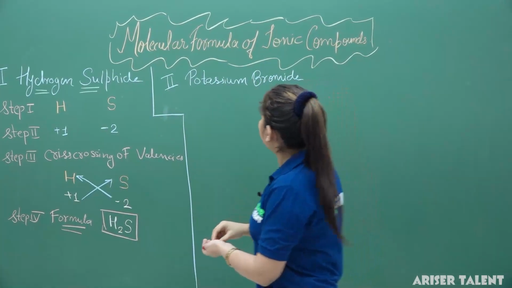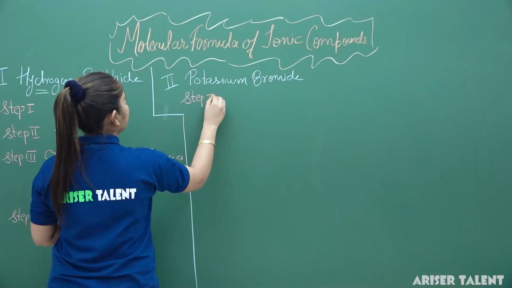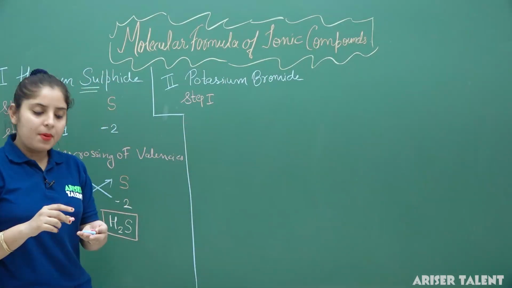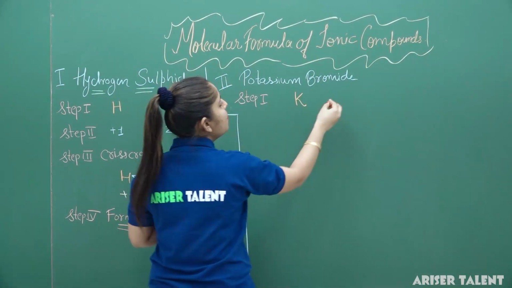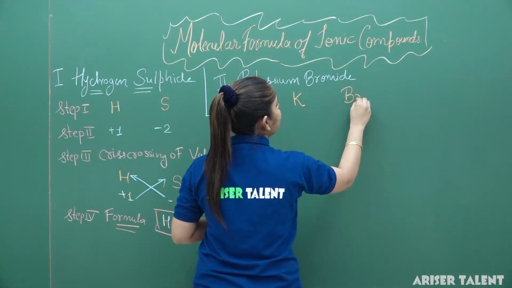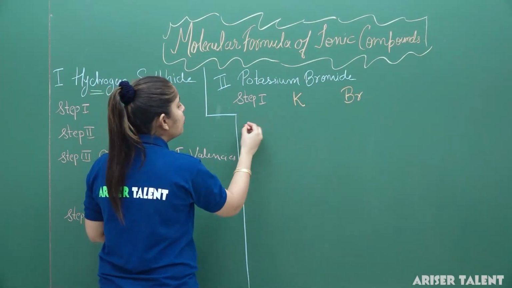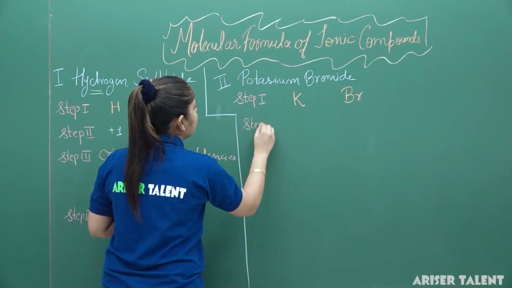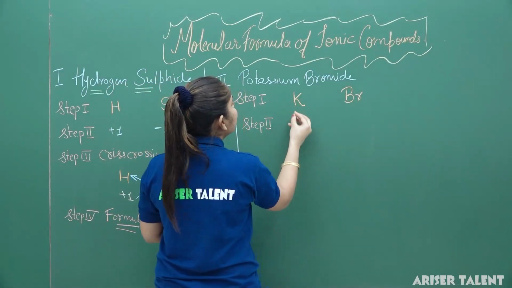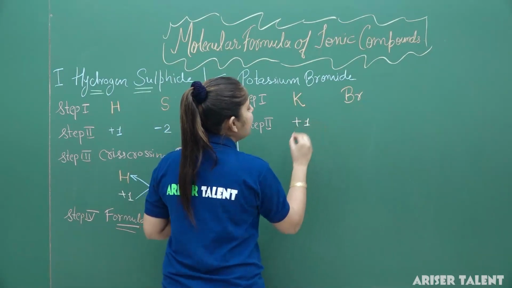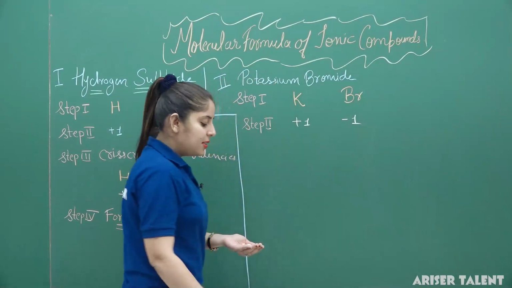So again in our step number 1, we are writing the symbol for both the compounds. For potassium, we have a symbol K, and for bromine, we have a symbol Br. Now we will write the corresponding valencies below them. In step number 2, we have potassium at +1 valency and bromine at -1 valency.